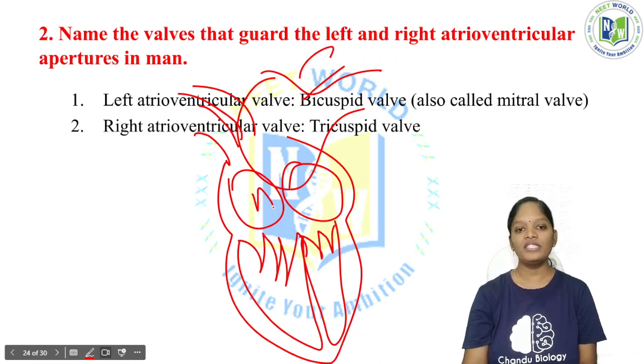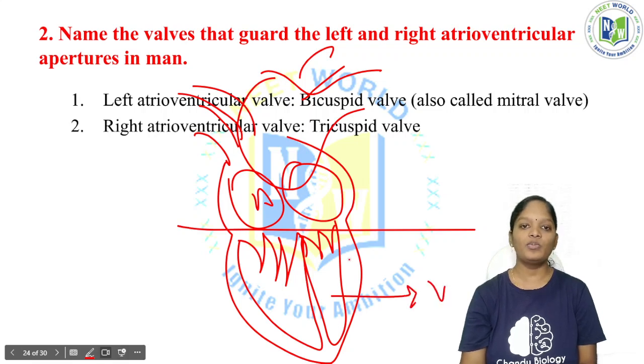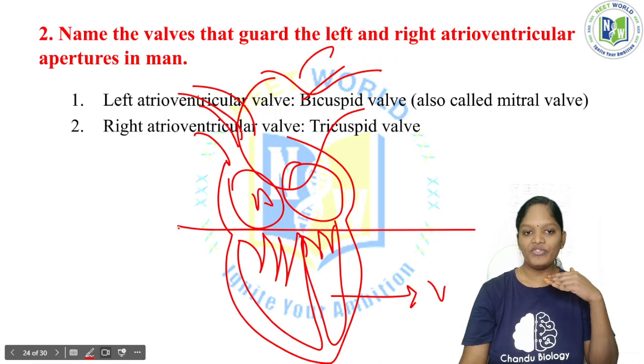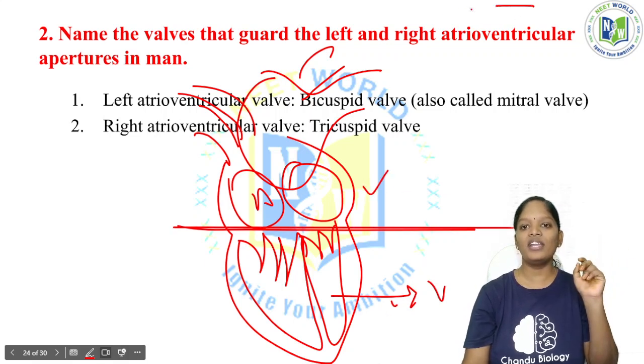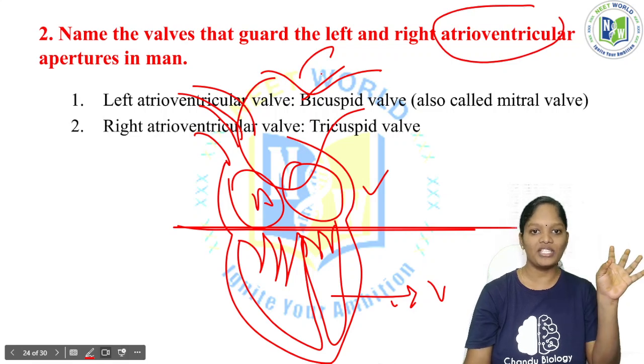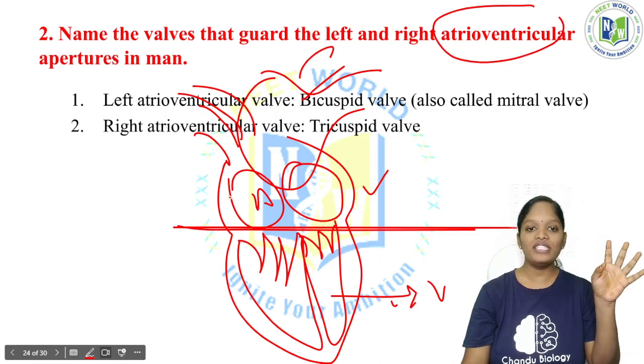This is an atrium, and this is a ventricle. The septum which separates the atrium and the ventricle has the atrioventricular apertures. You should know this is the right side and this is the left side.